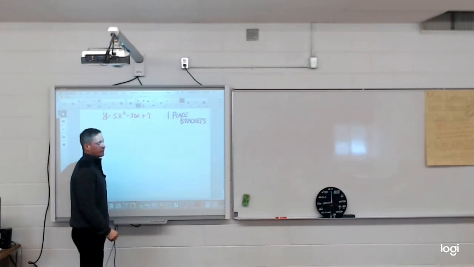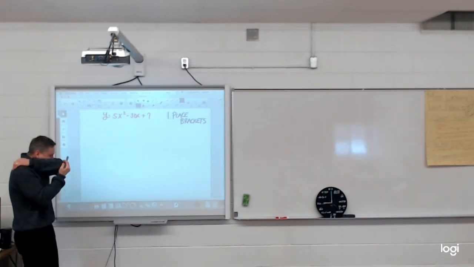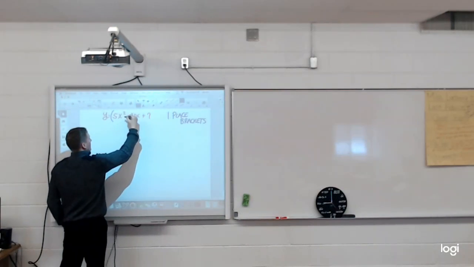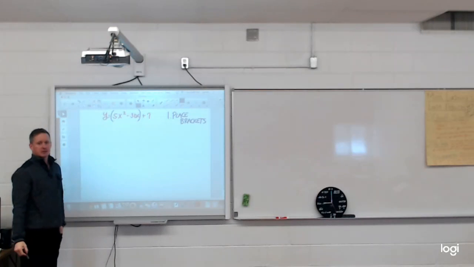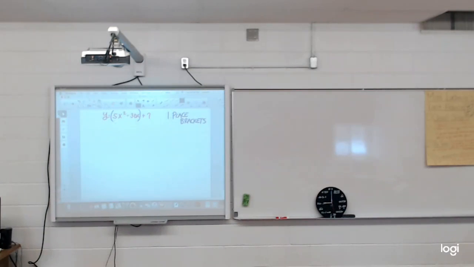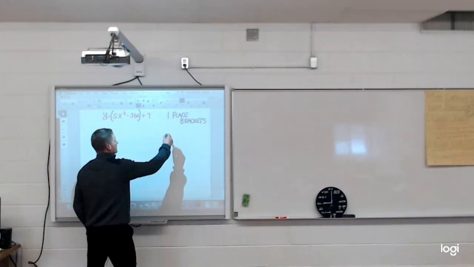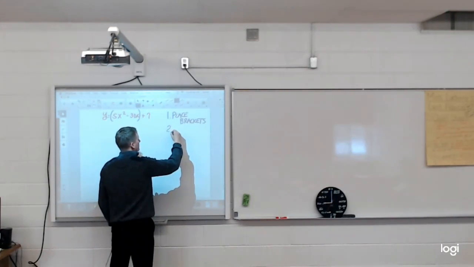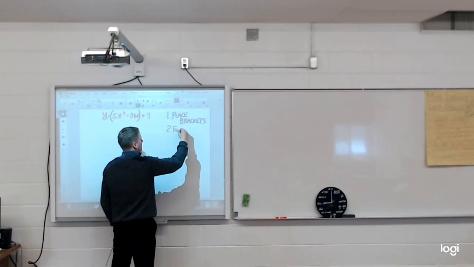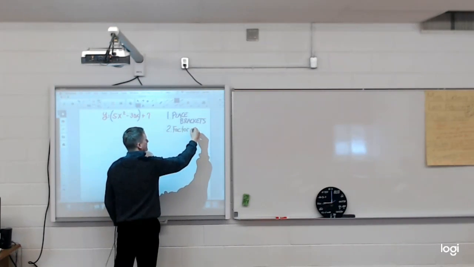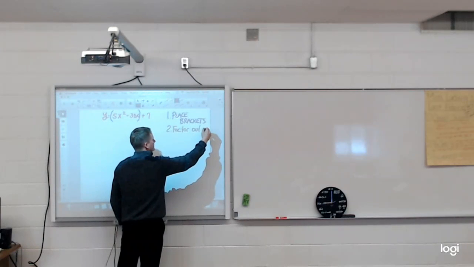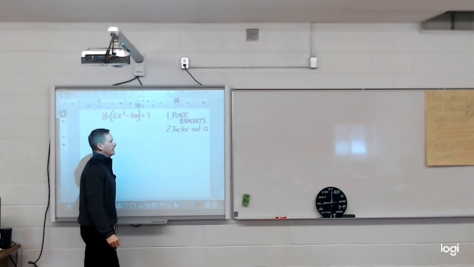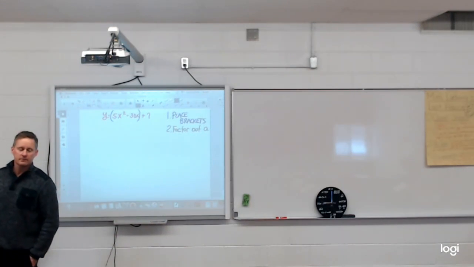First thing you do is you place brackets, excuse me, around the first two terms. Okay? So you place brackets around the first two terms. Second step is to factor out your A value.